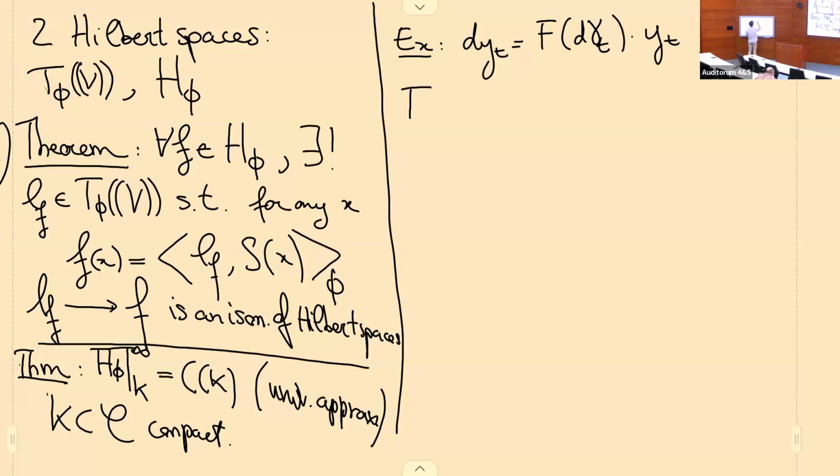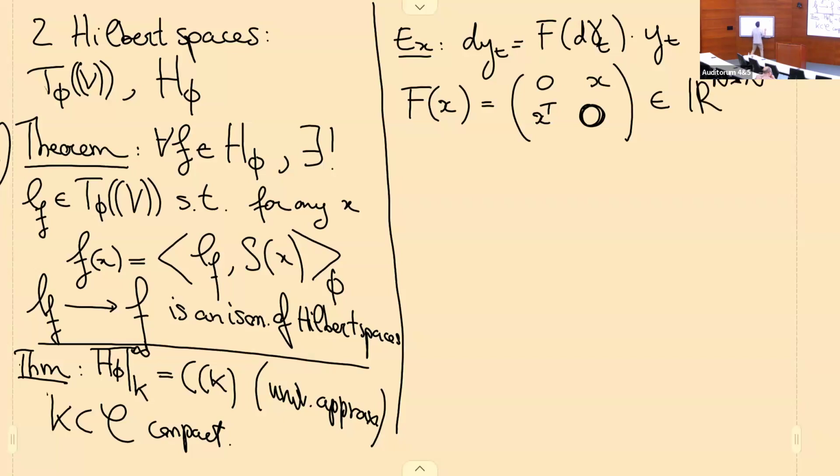And γ is a path with values in some Banach space, and F of x is equal to this matrix: 0, x transpose, and then we have big 0 here, in n by n matrices. Let's suppose that γ lives in R^d.